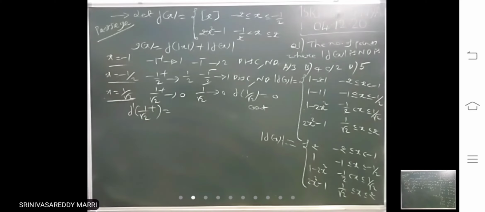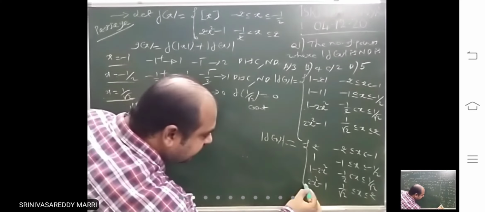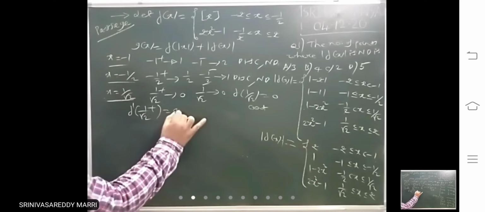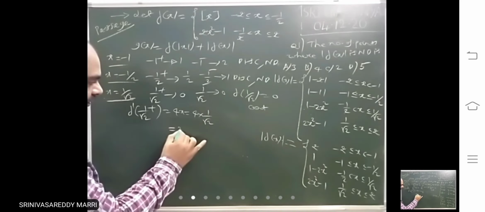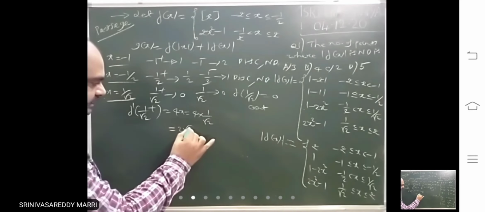F dash 1 by root 2 plus, derivative of this, that is 4x. 4 into 1 by root 2, that means 2 root 2, right hand derivative. So next, left hand derivative. Left hand derivative means what? This is the definition.